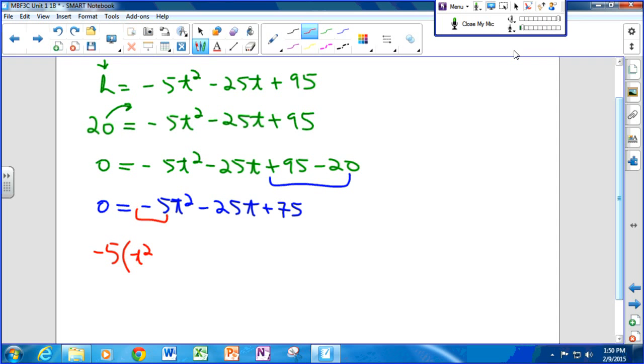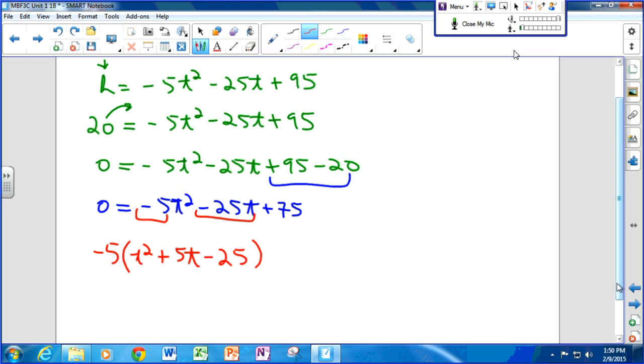Now, if I divide negative 25t by 5, right, I should end up with plus 5t. Does that make sense? Because if we did negative 5 times positive 5t, we'd end up with negative 25t. Okay, right?